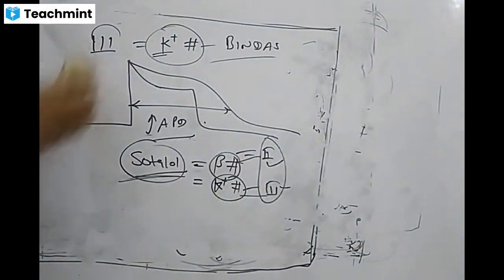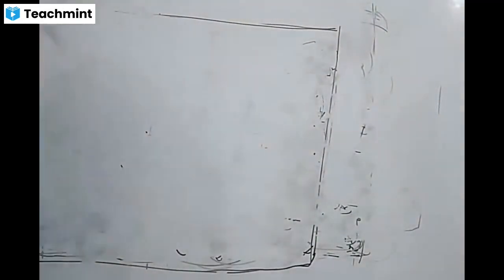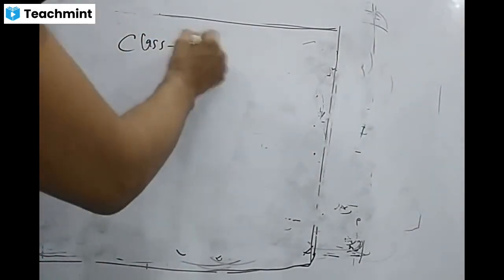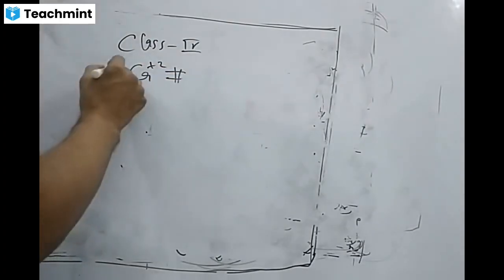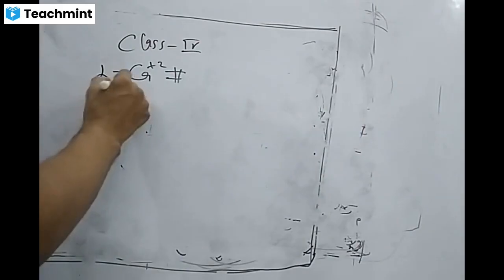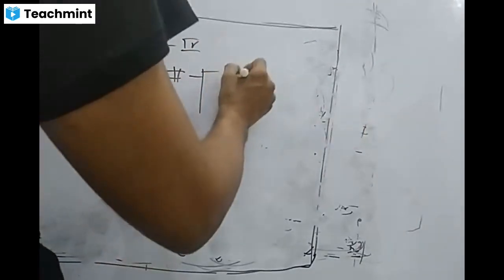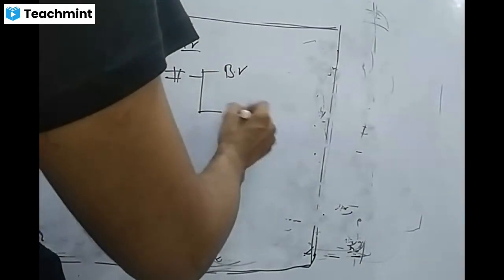Then class 4 are calcium channel blockers. Class 4, they are calcium channel blockers, L type. L-type calcium channels may be present on blood vessels and that activity may be there.